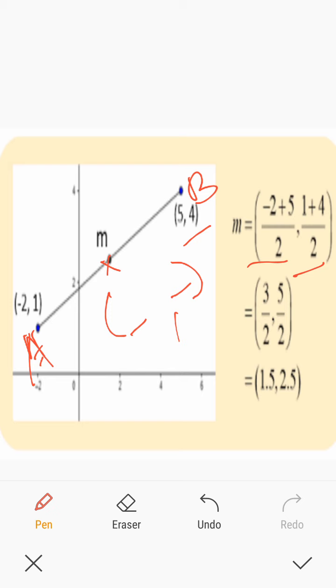Minus 2 plus 5 by 2 is 3 by 2, 1 plus 4 by 2 is 5 by 2. That is 1.5 and 2.5, the coordinates of the midpoint of line segment AB. Okay.